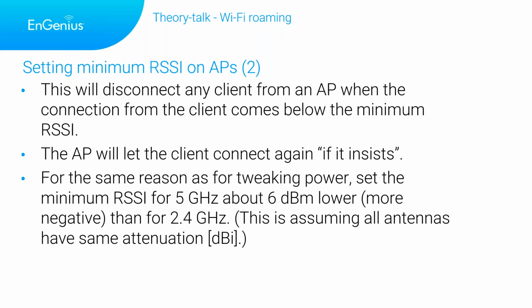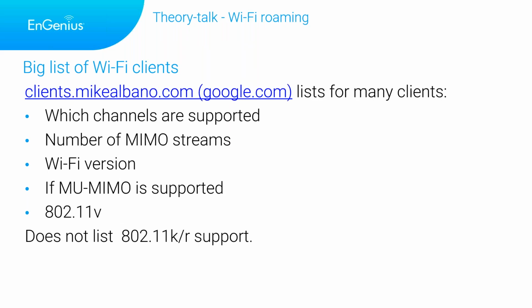So you also have to tweak your power settings or the RSSI settings, and set the 5 gigahertz to a little bit lower than the 2.4 gigahertz to again have something that looks like the same coverage balloons, and that devices will be kicked at approximately the same places.